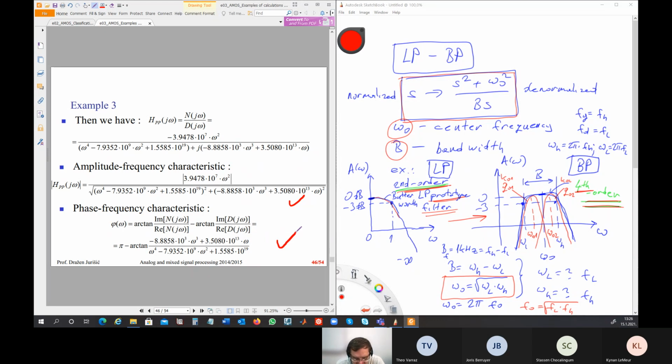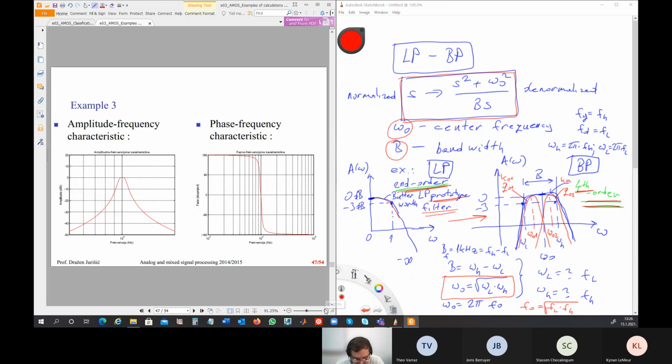From this transfer function, you have these two characteristics, amplitude frequency and phase frequency. You can plot them using MATLAB. Here you see that we started from F0 equal to 10 kilohertz. This is correct. This is the central frequency. And then you see the bandwidth, like we started, of 1 kilohertz.